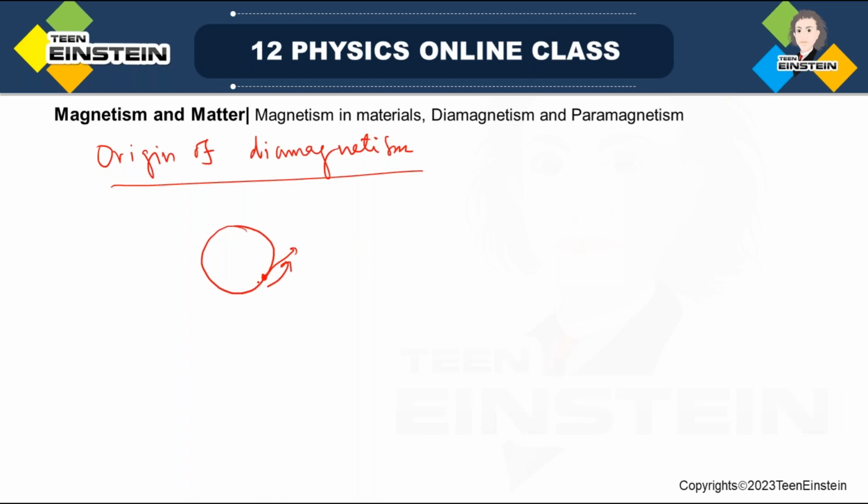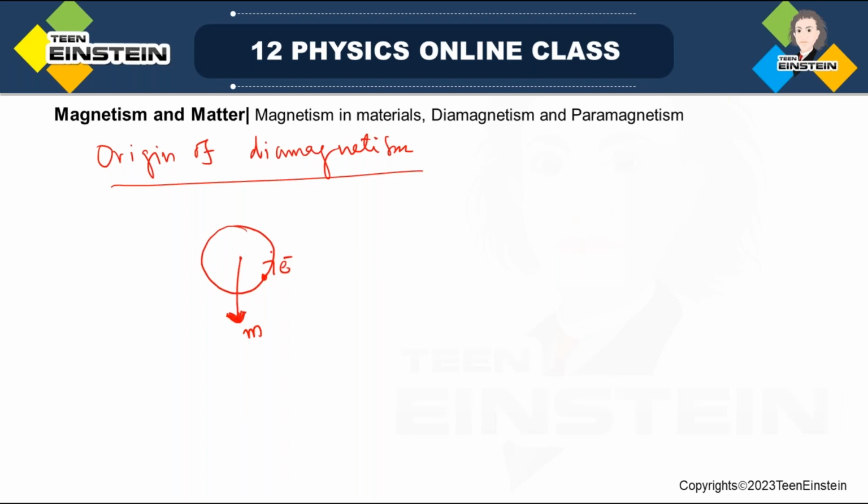Then the current will flow in the clockwise direction, so the magnetic moment will be in the downward direction. So some electron orbiting anti-clockwise will produce the magnetic moment m in the downward direction.